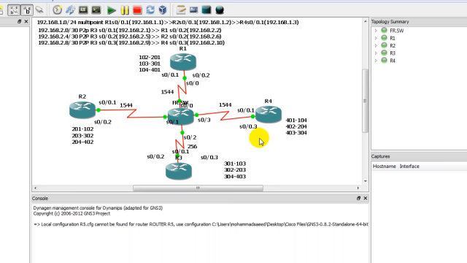So now here is our scenario we are going to configure. As you see here, I have 4 routers, router 1, 2, 3, and 4.